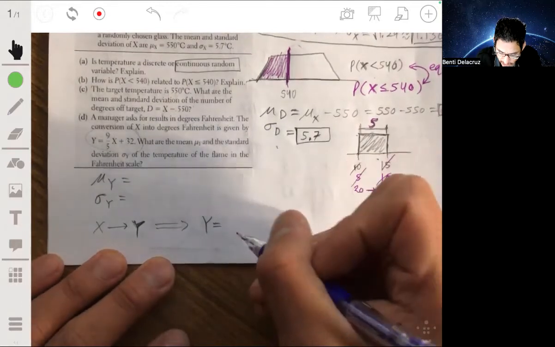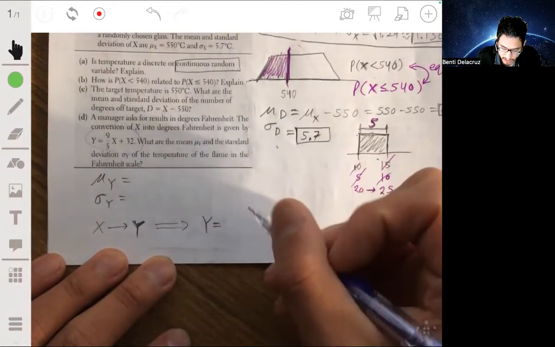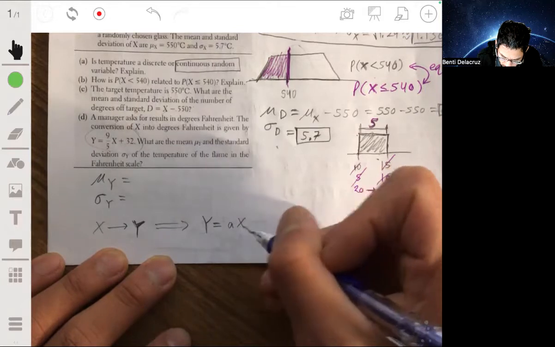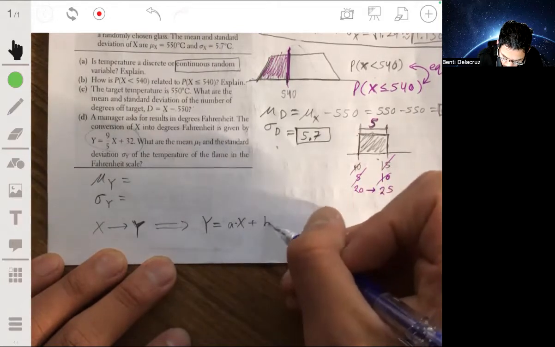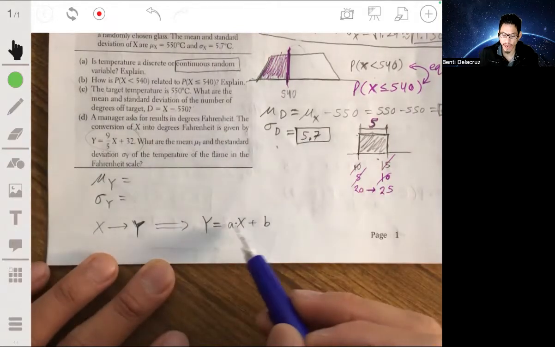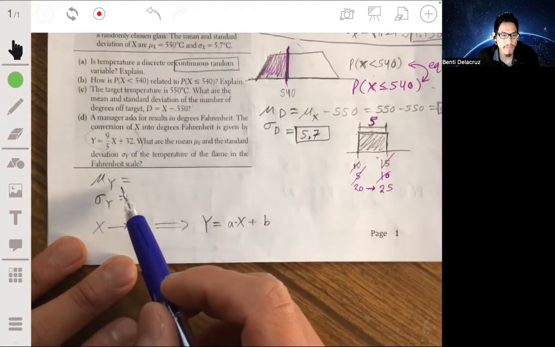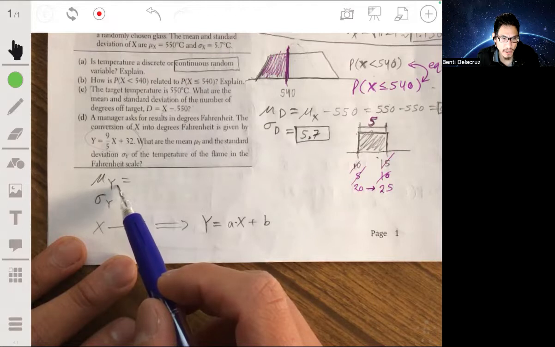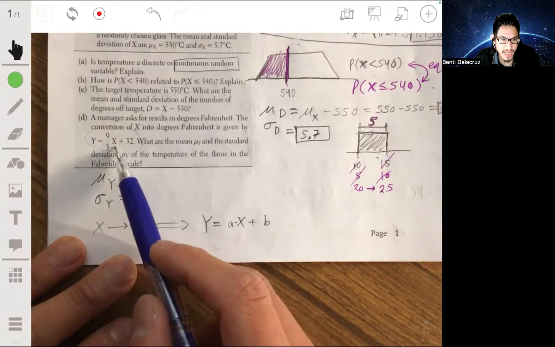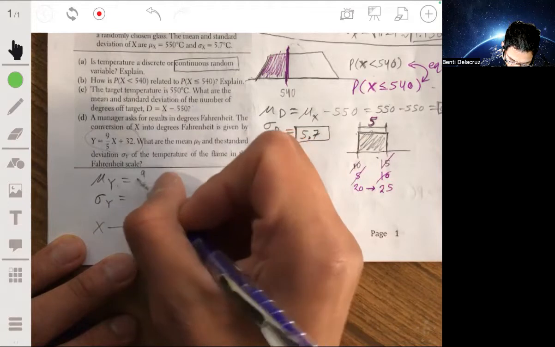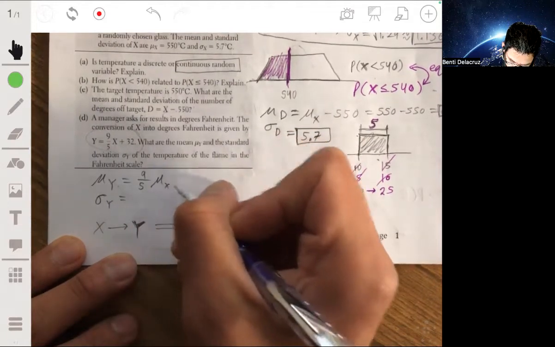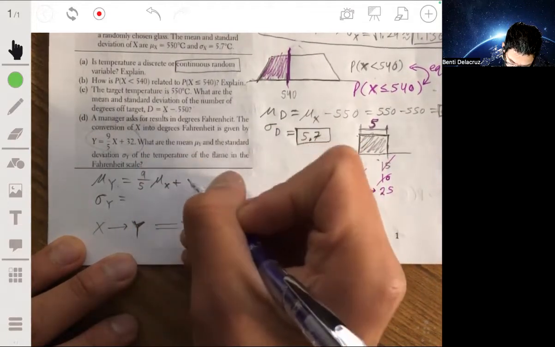In statistics it's usually y equals ax plus b: a times x plus b. That's what you're doing to get y. Now the mean of y is going to be 9/5 times the mean of x, plus 32.